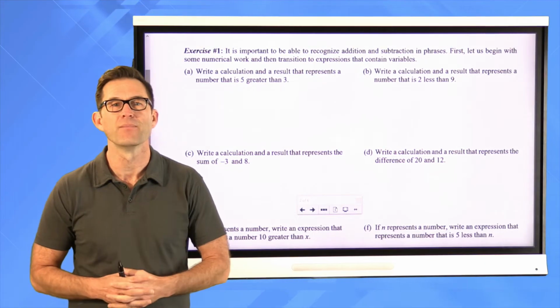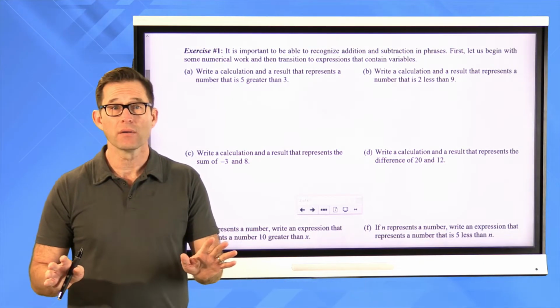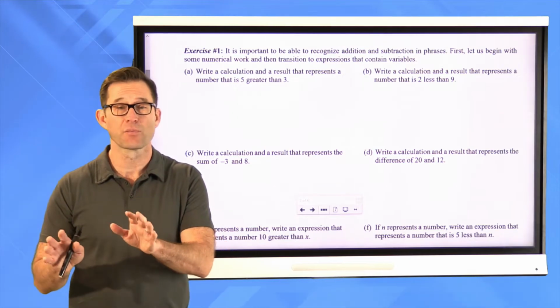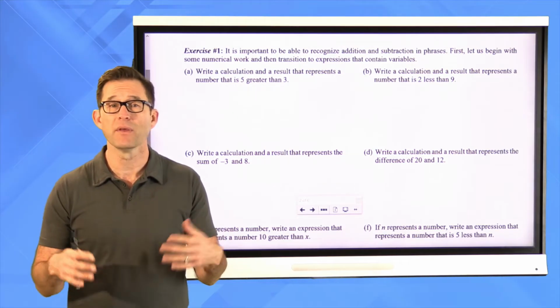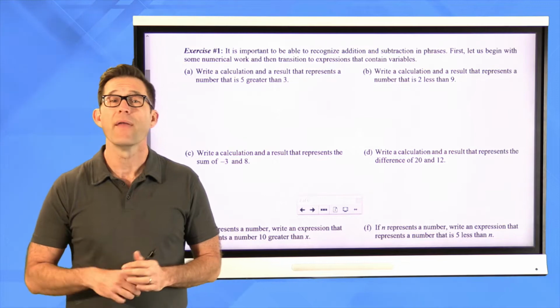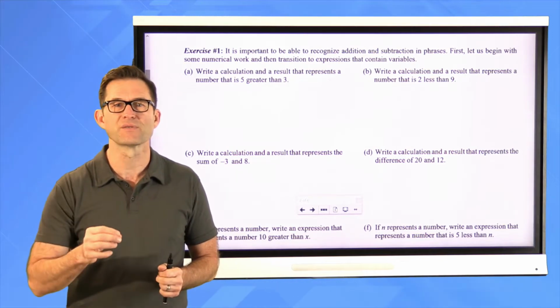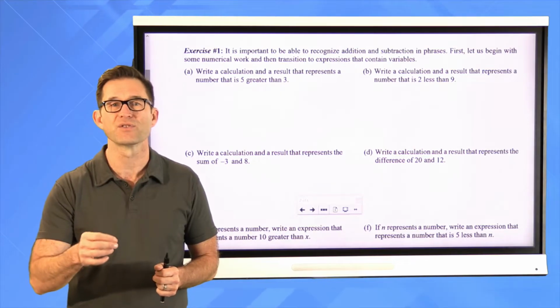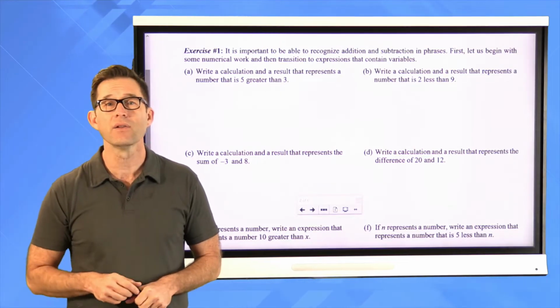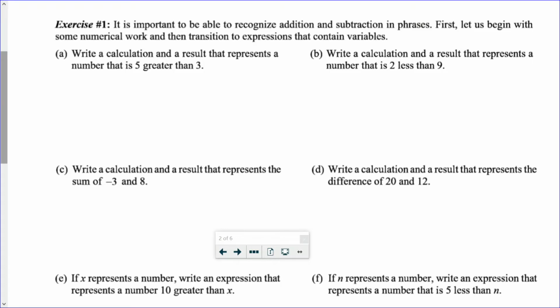All right, great. So we're going to start by writing down expressions that are purely numerical and maybe even giving some values for them. And then we're going to move on to writing down very similar expressions that involve variables, so algebraic expressions. Let's take a look at letter A. Write a calculation and a result that represents a number that is 5 greater than 3.